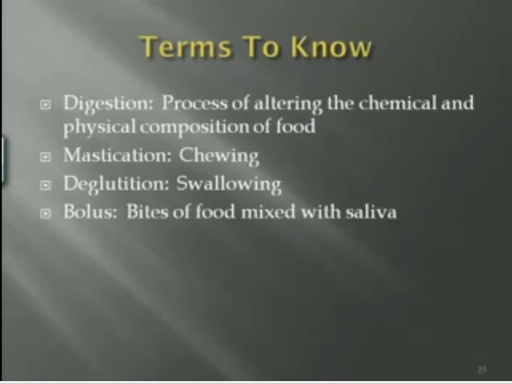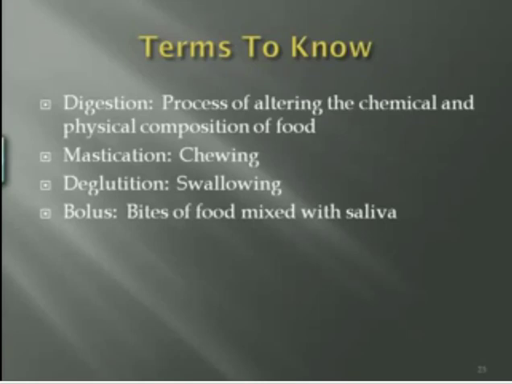Digestion, make sure you know this word, is the process of altering the chemical and physical composition of food. Mastication, $5 word for chewing. Deglutition, $5 word for swallowing. So mastication, then deglutition.